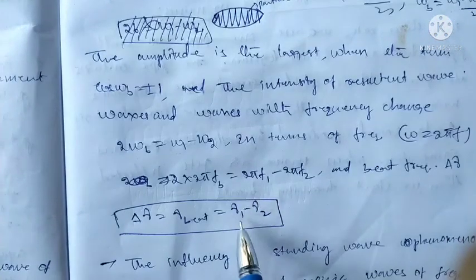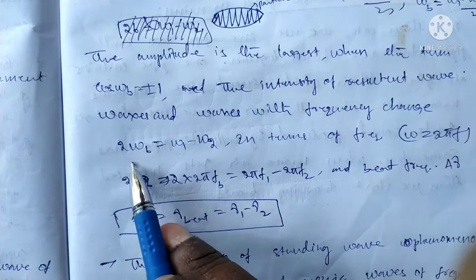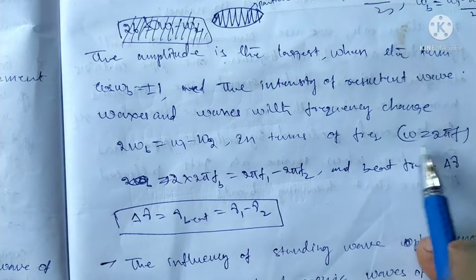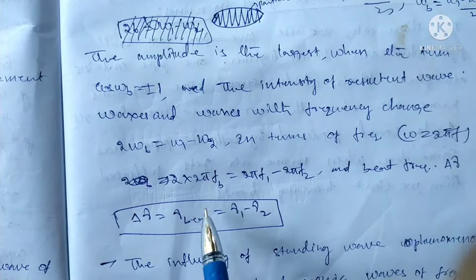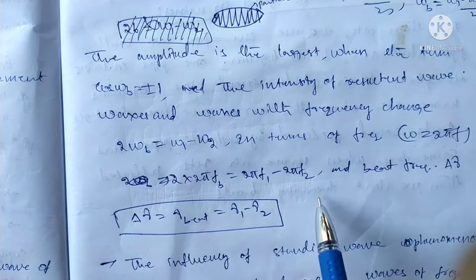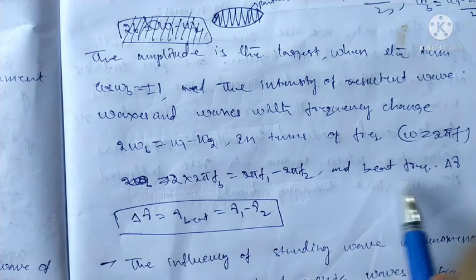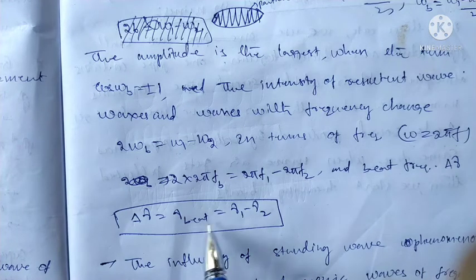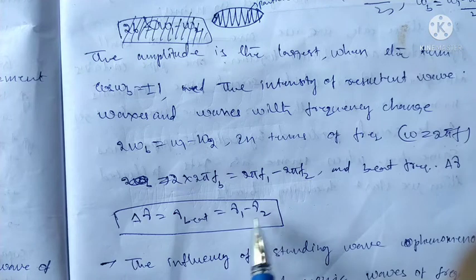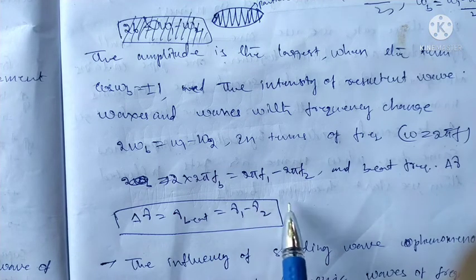Angular frequency omega is equal to 2 pi f. Beat frequency is nothing but the change in frequency, nu 1 minus nu 2, that is, higher minus lower.